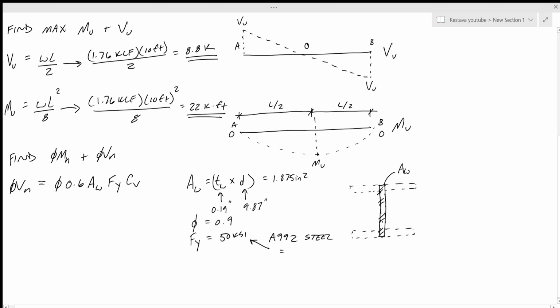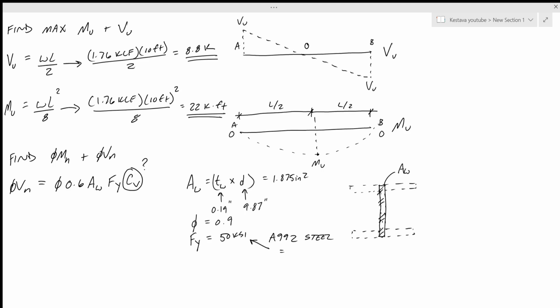So we still have this Cv value, right? So if we go into the back of our steel manual and we go to Chapter G, and we go to G2 because we have a symmetric member. So members with unstiffened or stiffened webs, that's what we have with our W section.